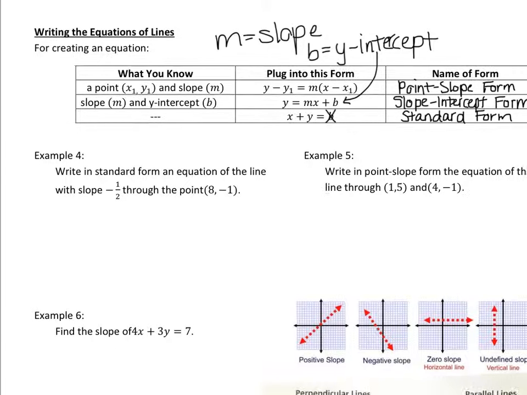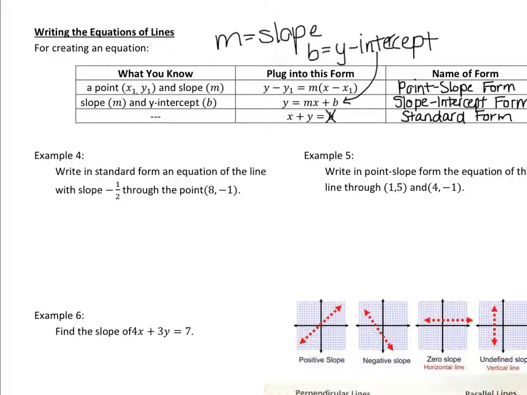So let's look at this first one, example 4. Write in standard form, so we're going to end up with x and y on one side and a number on the other side, a line with slope -1/2 and through the point (8, -1). So it's given us a slope and a point. Which form should we plug that into? Point-slope form.